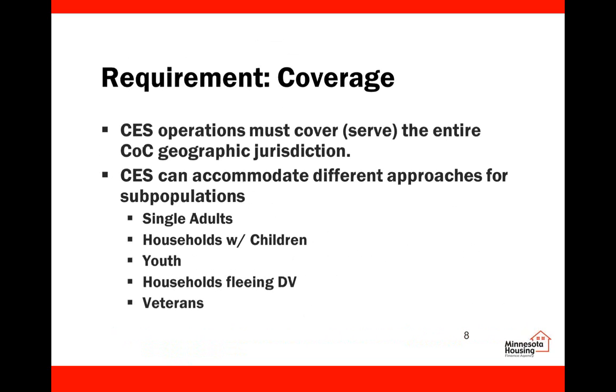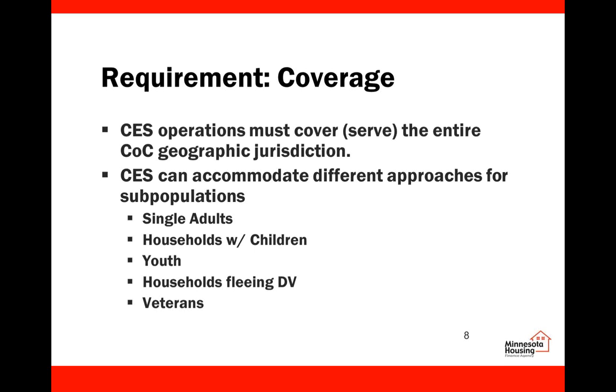Let's talk about coverage. What do we mean by coverage? Coordinated entry operations must cover or essentially serve the entire continuum of care geographic jurisdiction. That means that if there is a designated front door or access point or entry into the system of care, it must be accessible throughout the entire geography. An example would be a central city that has an emergency shelter which acts as the front door or the entry point.